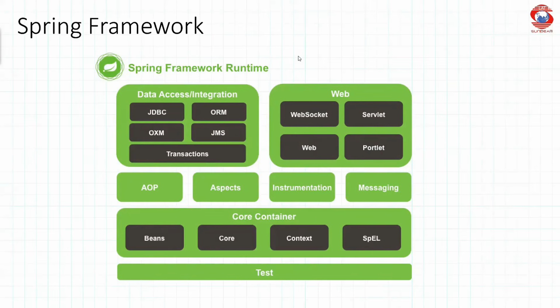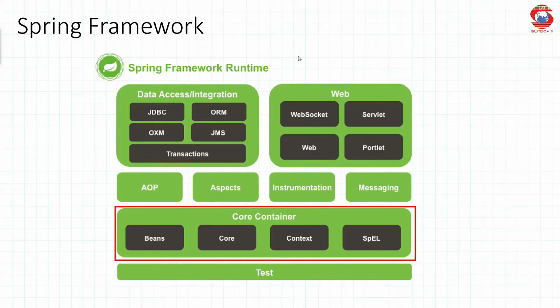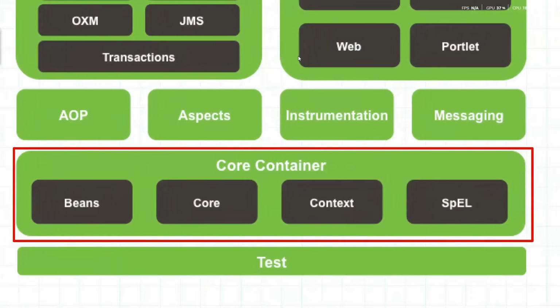So Spring Core, what it is showing you, the heart of Spring, something that I was talking about again and again, is nothing but the Spring Core container. This is the core of Spring. What is the core providing? It is providing you the feature for something called Spring Beans, Spring Core, Spring Context and Spring Expression Language.